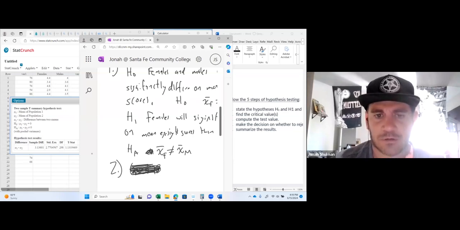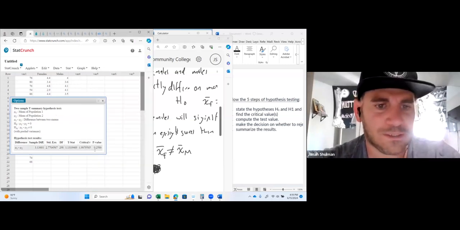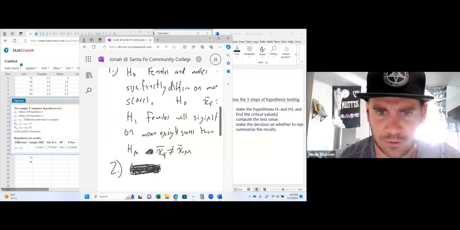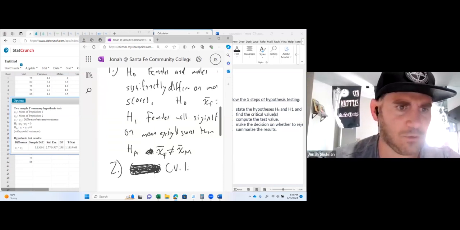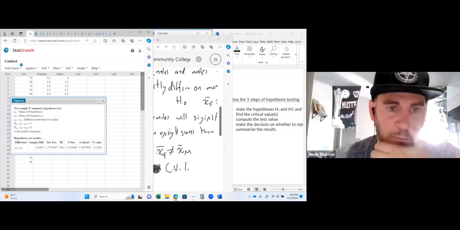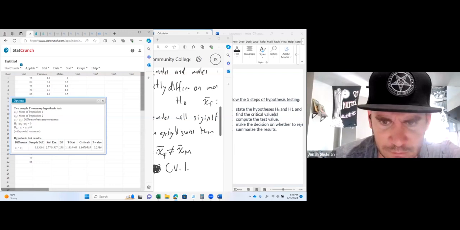Now remember that for the t-test it moves, right? So we could see that our critical t is 1.96, right? So the critical value is 1.96 or 1.97.